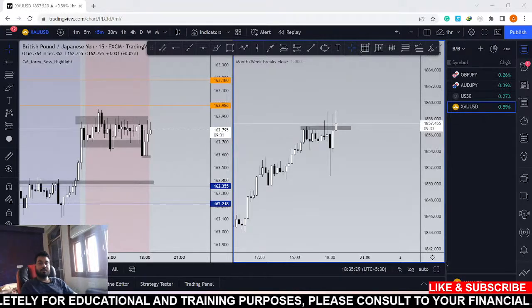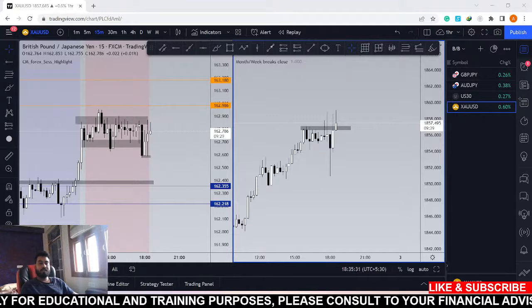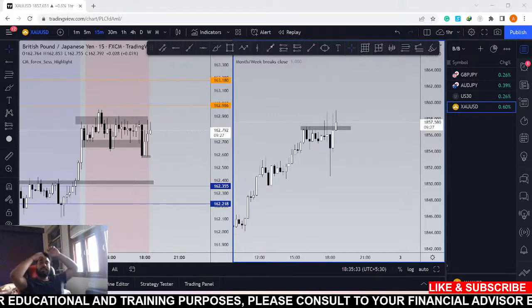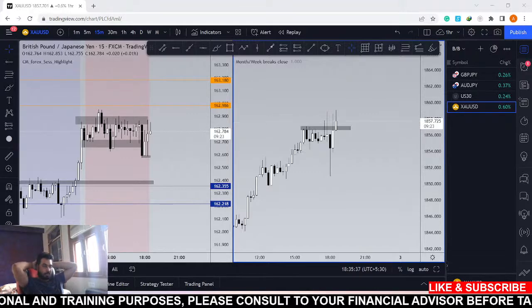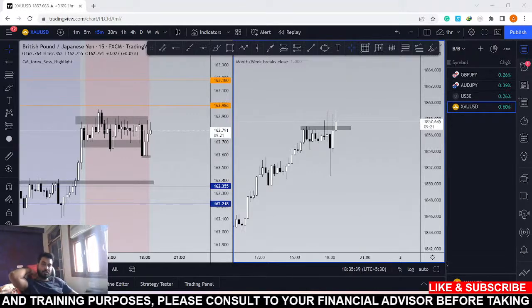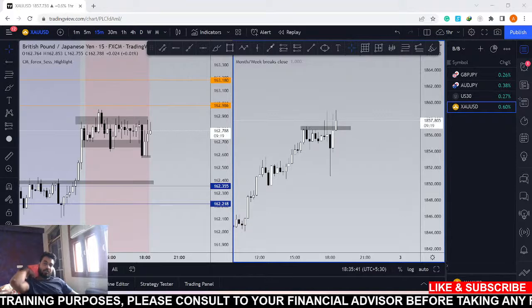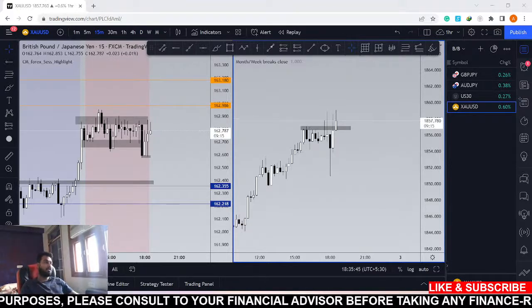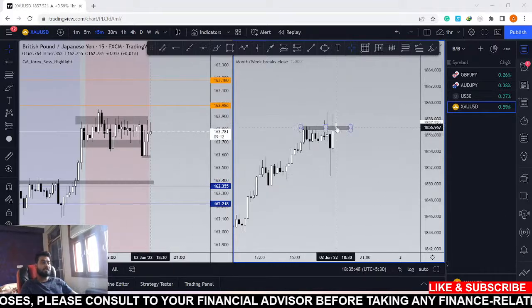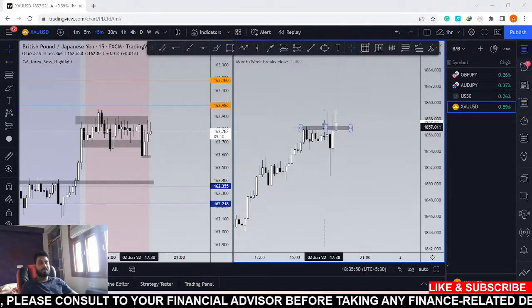I'm just waiting for 9 more minutes for the 15-minute candle to close. Then I would like to place my order on US 30. Till then, I'm not looking to trade any pair. GJ is in range. US 30. Gold is trying to break this resistance.